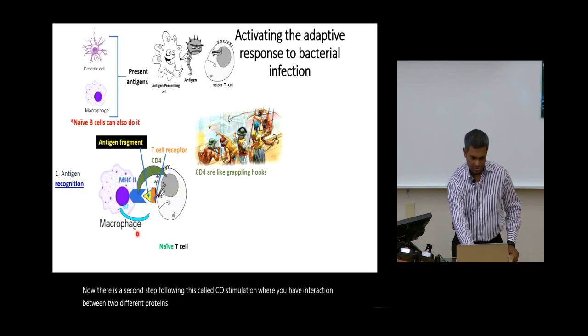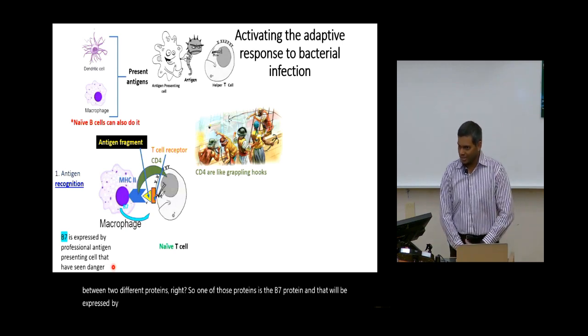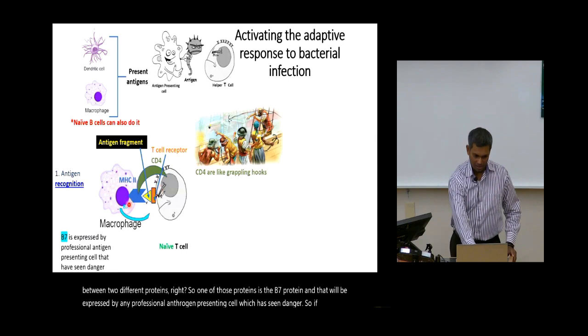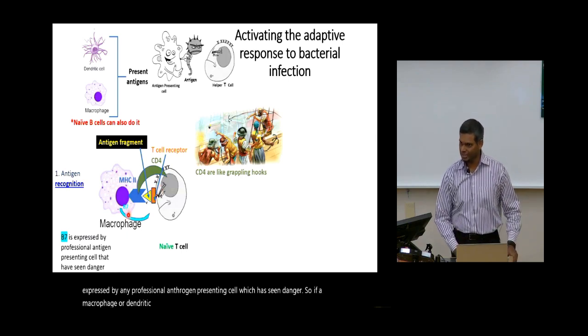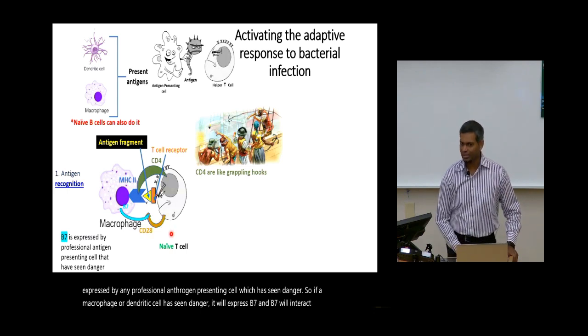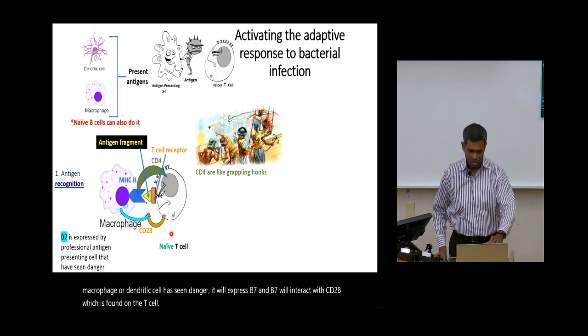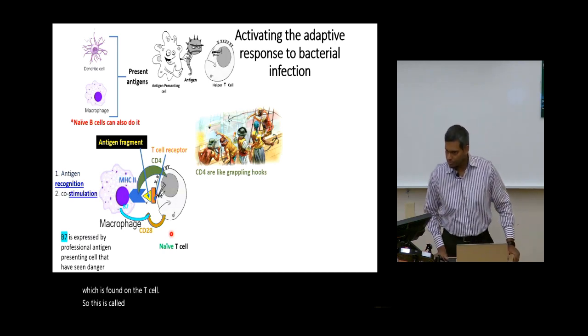So one of those proteins is the B7 protein, and that will be expressed by any professional antigen presenting cell which has seen danger. So if a macrophage or dendritic cell has seen danger, it will express B7, and B7 will interact with CD28, which is found on the T cell. And so this is called co-stimulation.